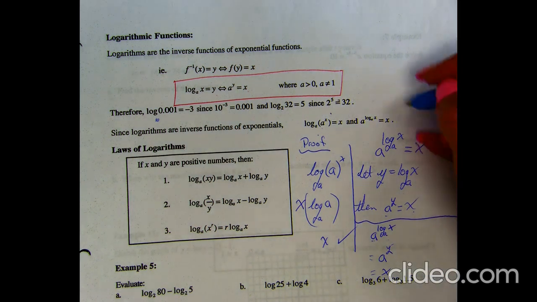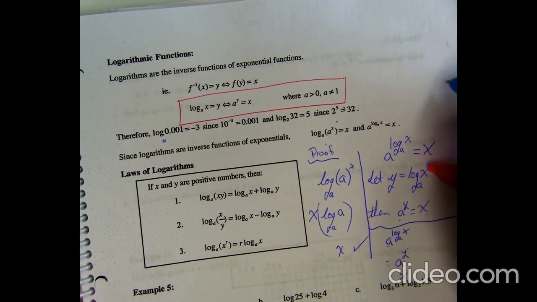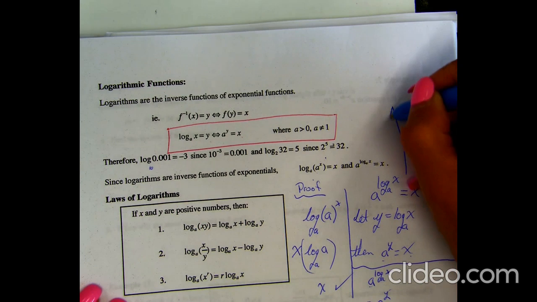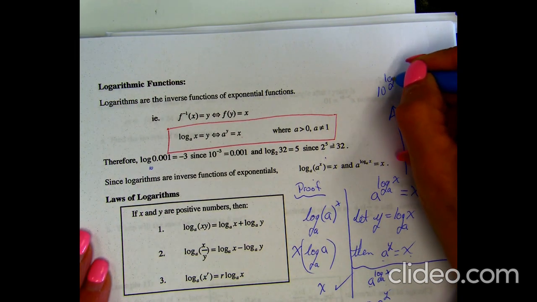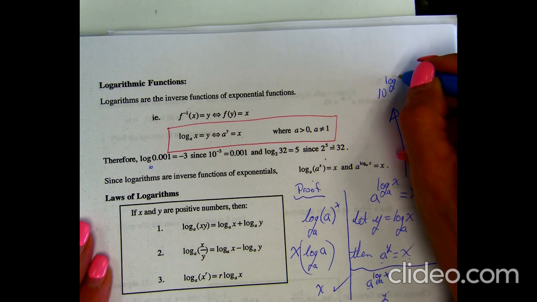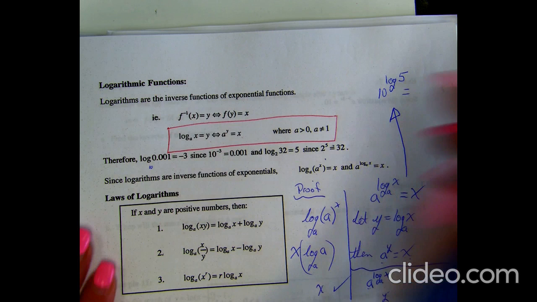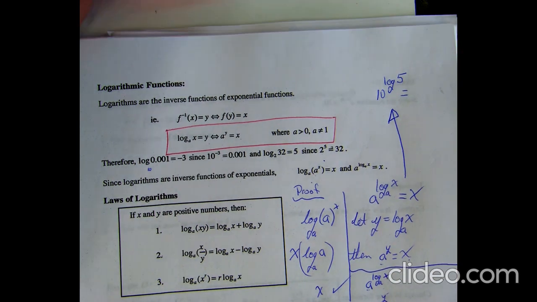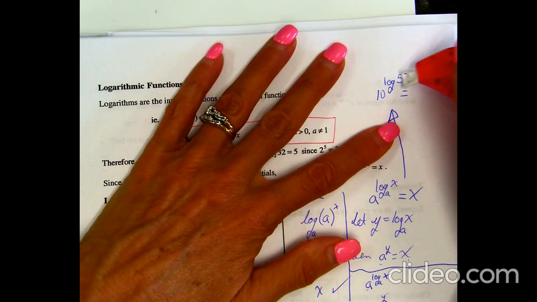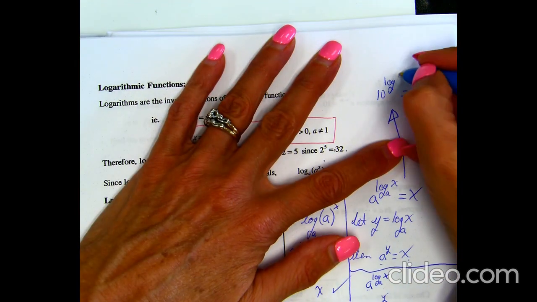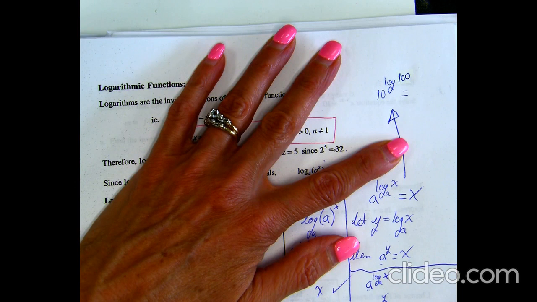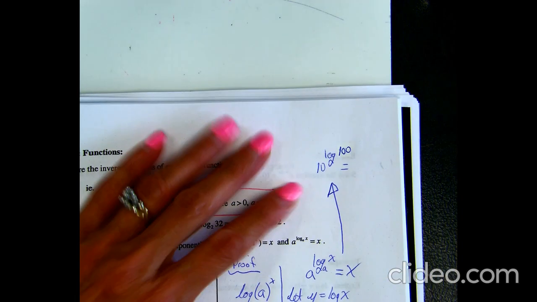So I think we did this proof by number examples last year, and I think we did it this way. If I said 10 to the log to the base 10 of, let's say, 100, and I asked you to solve it for me.